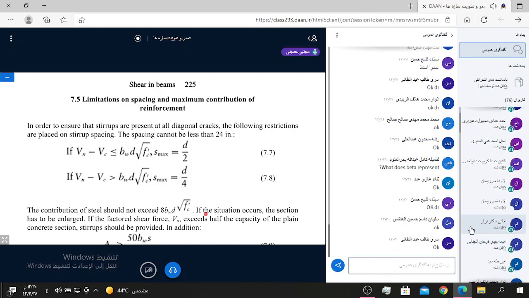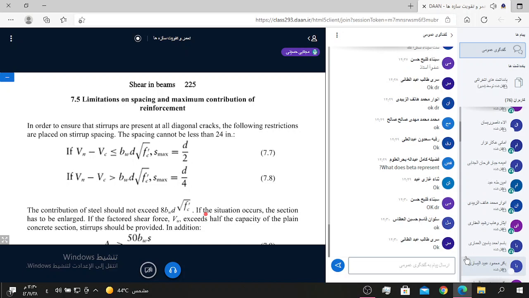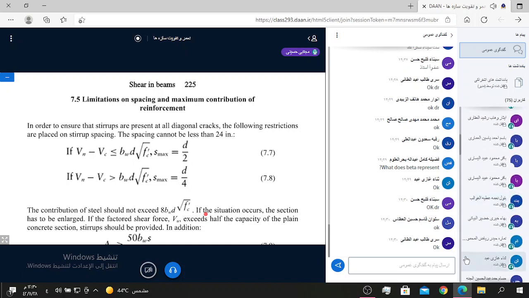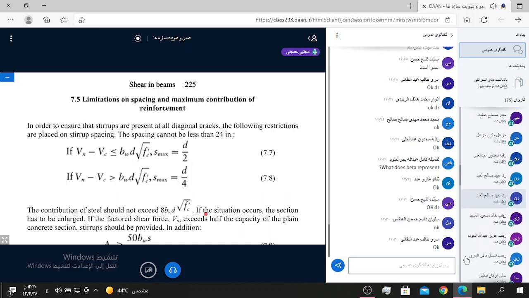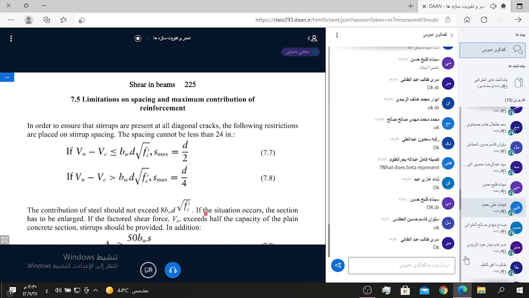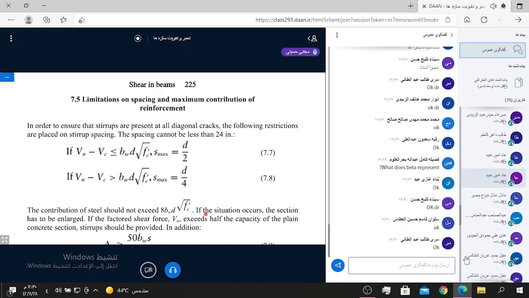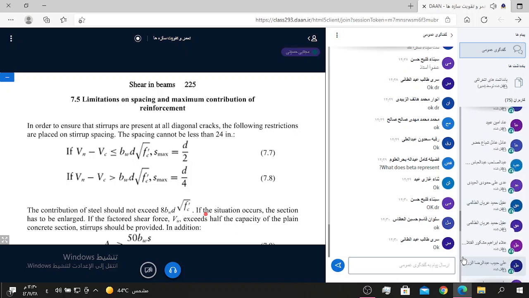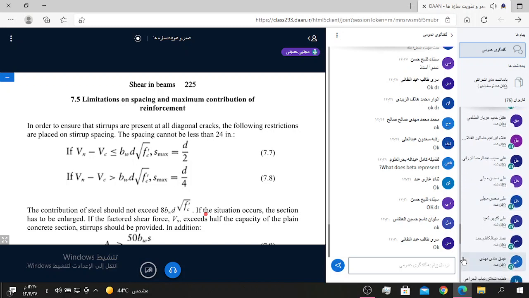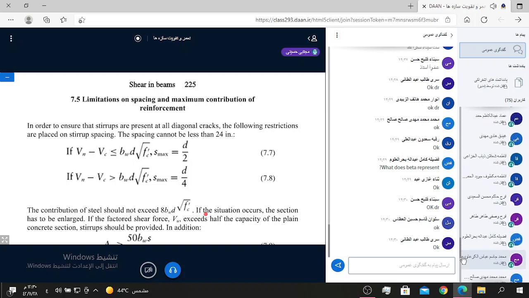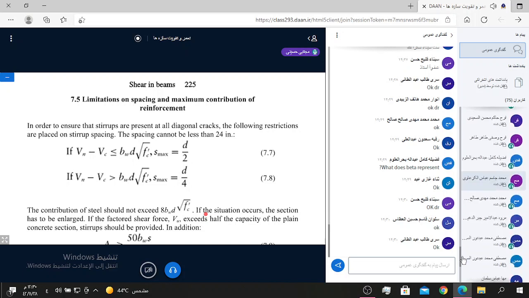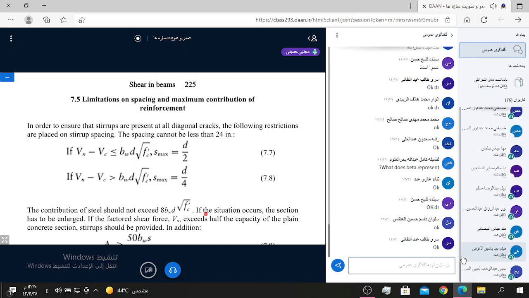You must use these two conditions, and the two conditions are very important: d/2 and d/4, okay? For spacing of stirrups, you must use these two restrictions, okay?